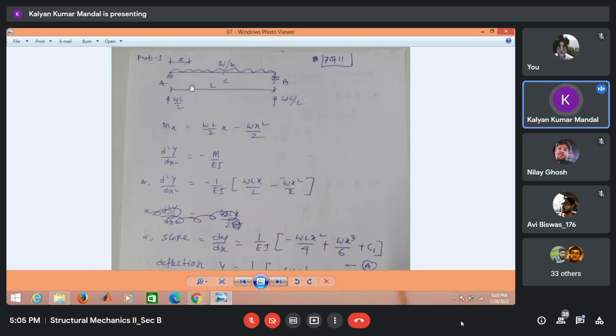Similarly, the bending moment due to the external load will be hogging in nature, that's why it is negative, W x square divided by 2.